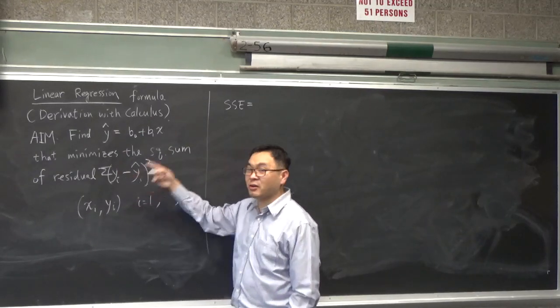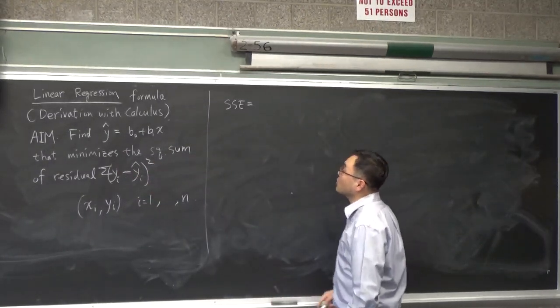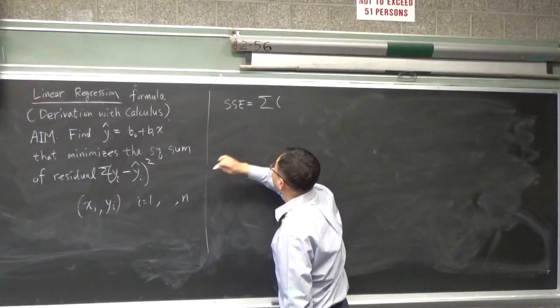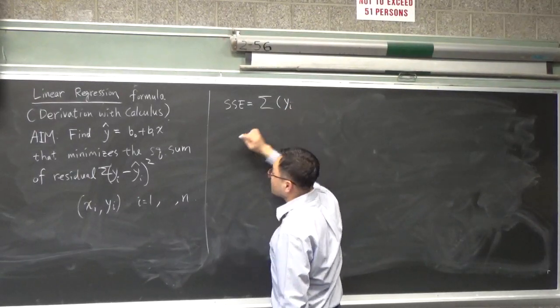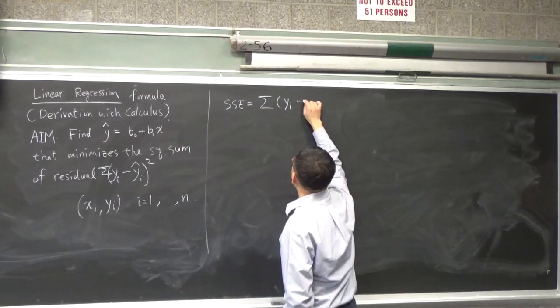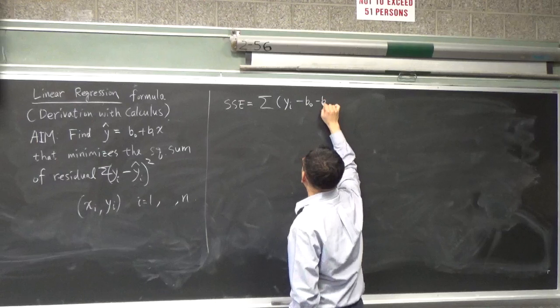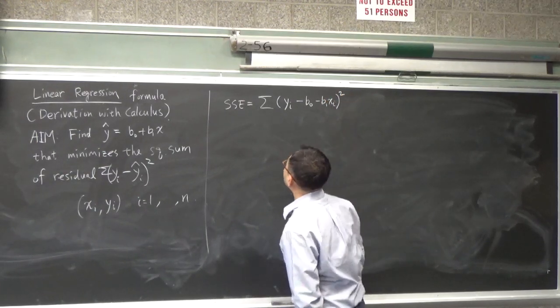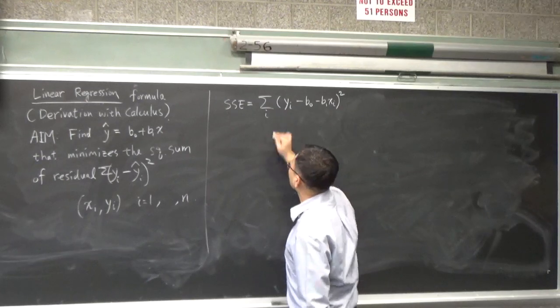So you're squaring the error and you're adding them up. So it's the sum of squares of the error is what I wrote there. But then we're going to replace yi hat by this value we just got. So yi minus b0 minus b1 xi. We're squaring them. We add them up with respect to i.